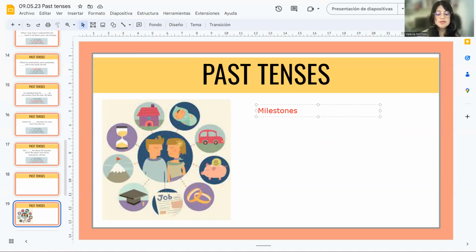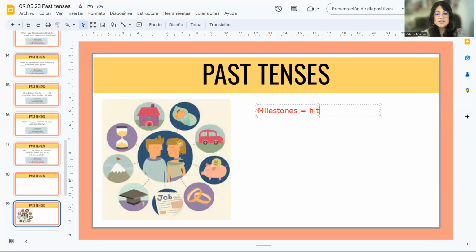Yeah. Symbolic times, important times. Agreed. Also, they are like the most important moments of your life. Of course, this could be anything. Like you can consider learning to drive was a milestone in your life. It depends on each person.